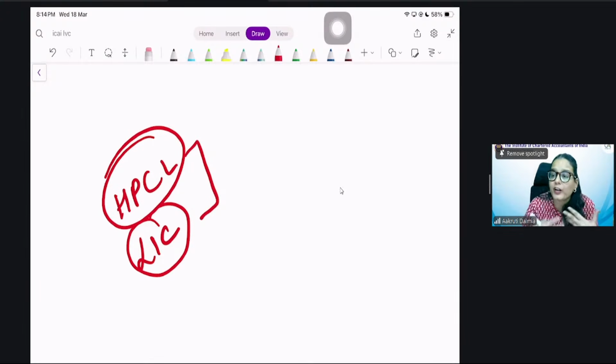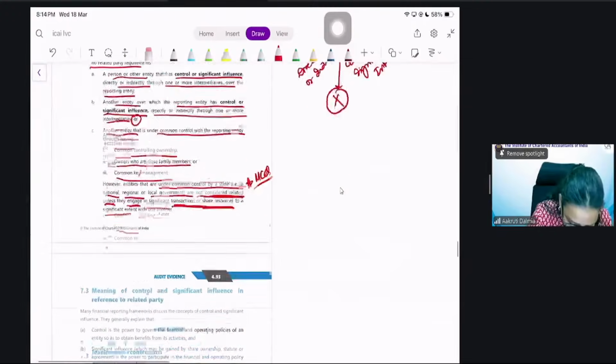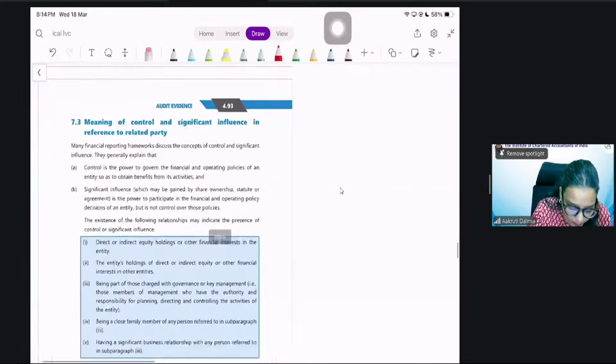Only if they have significant transactions or they are sharing the same resources, not the same business. If they are sharing the same resources, same transactions with each other, then they are related parties. So this definition you have to remember.